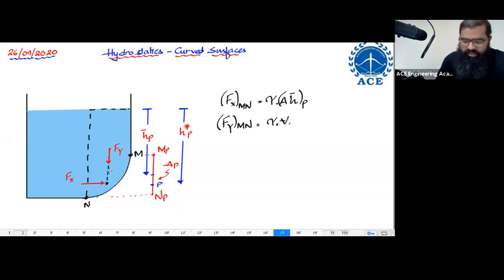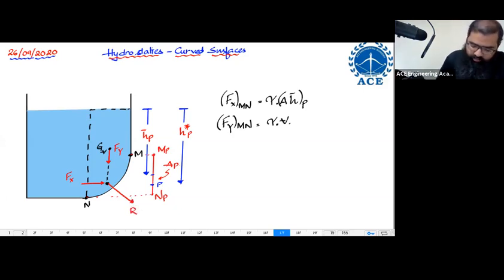By virtue of this principle, even though Fy is acting from the centroid of the volume, I can extend its line of action. Likewise, I can extend the line of action of Fx. I can say this is the point through which the resultant is supposed to act.